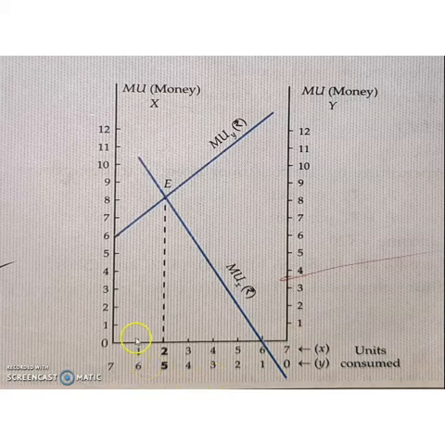Then these two lines, this line represents MU of X and this line represents MU of Y. Here at the point E, both lines intersect.